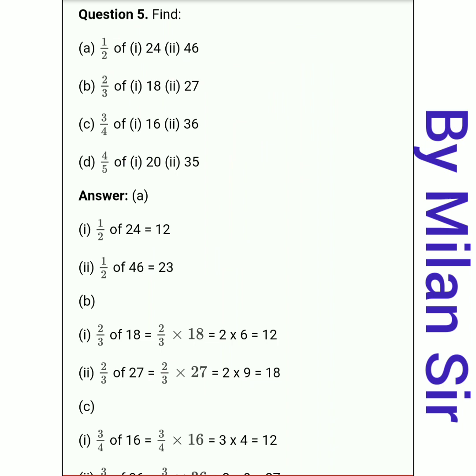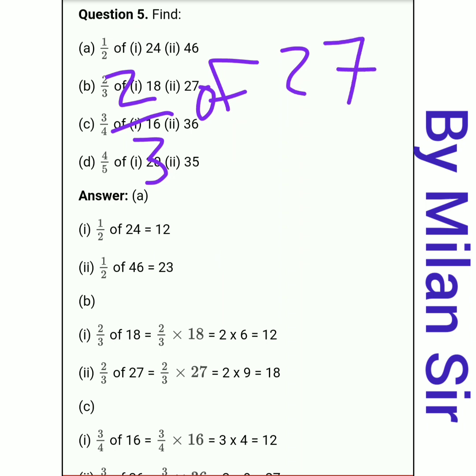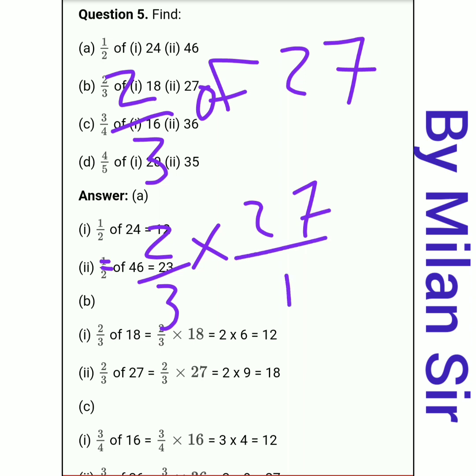Okay, now 2 by 3 of 27. Now put multiplication sign in place of "of", and in the denominator of 27 nothing is present, so we can write 1. Then here we can cut 27 and 3, because 3 9s are 27, right?